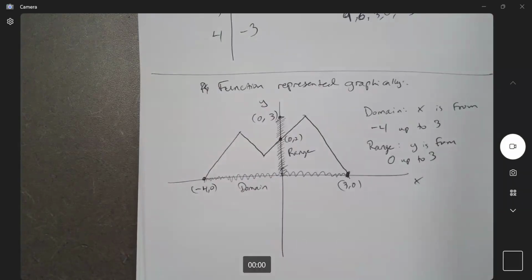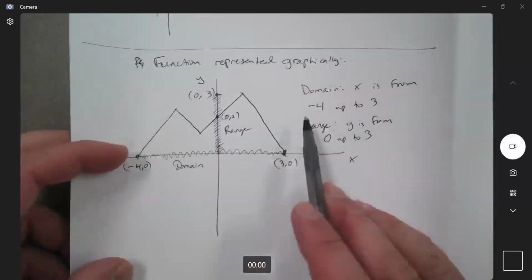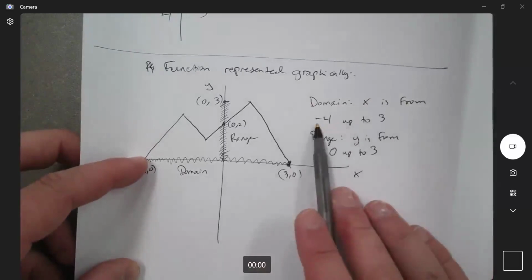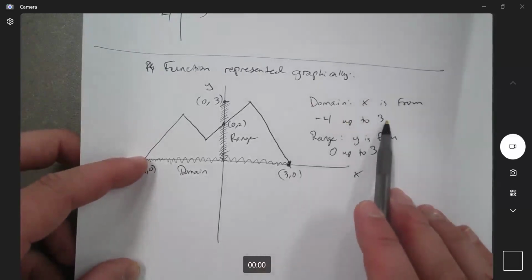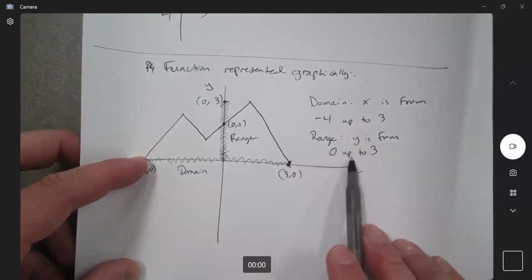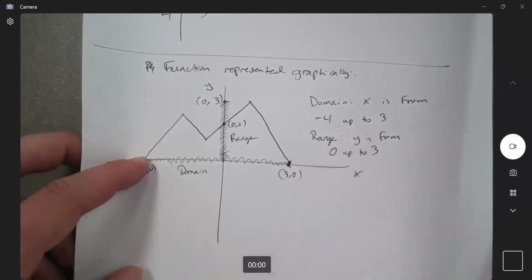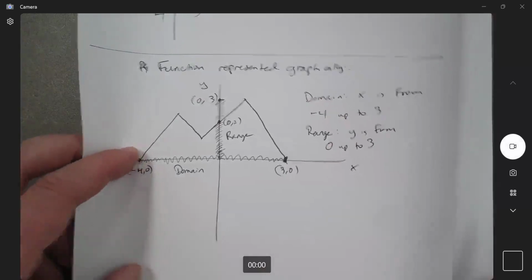All right, last piece of information. Speaking about domain and range, the way I wrote this, I said domain x is from -4 up to 3, and y is from 0 up to 3. I like that, but as you move on in math, you need to learn some of the vocabulary and the grammar for mathematics.